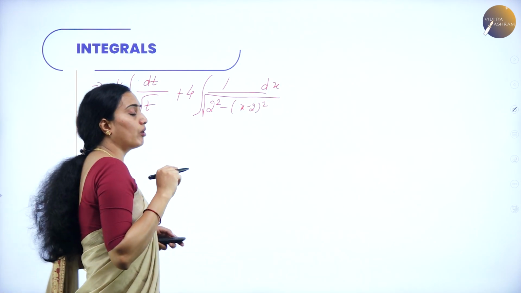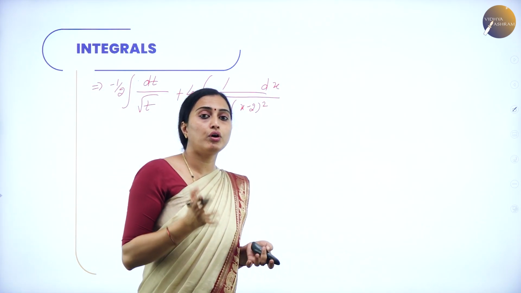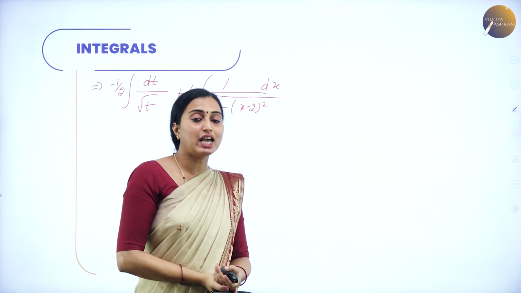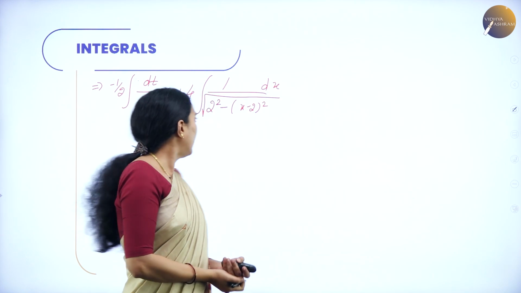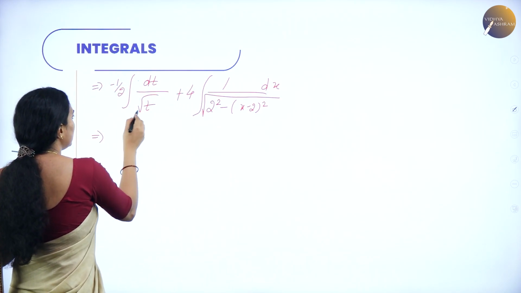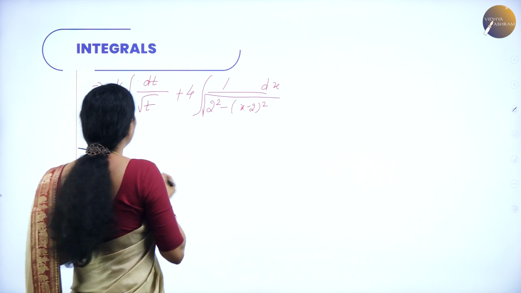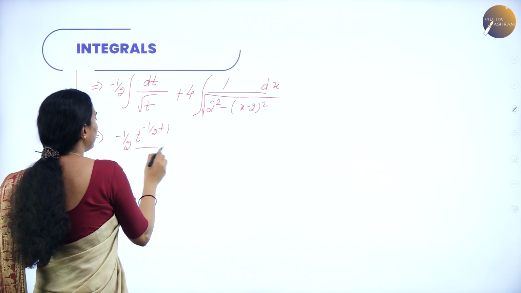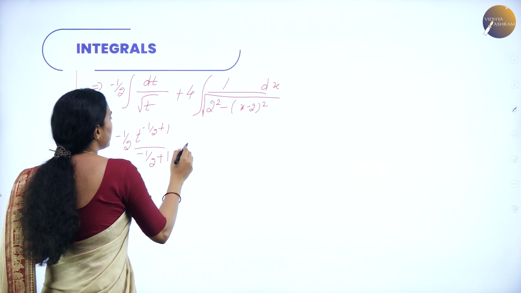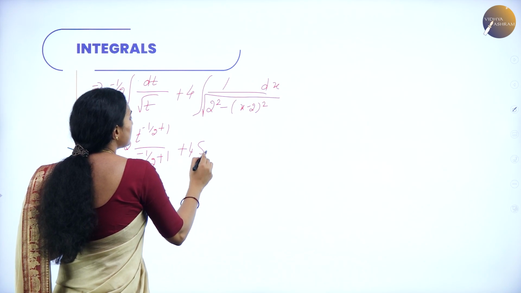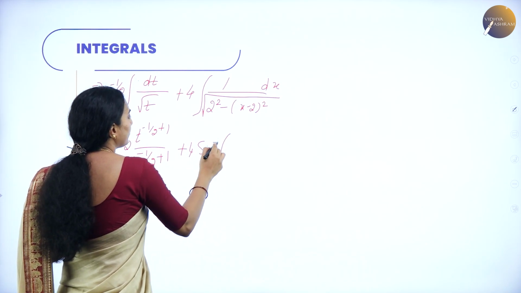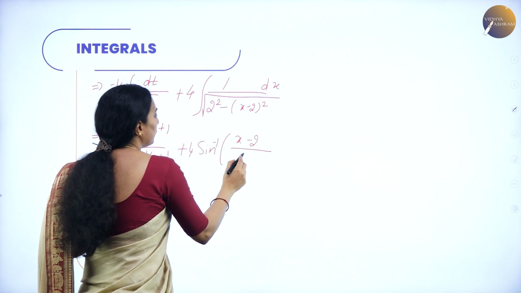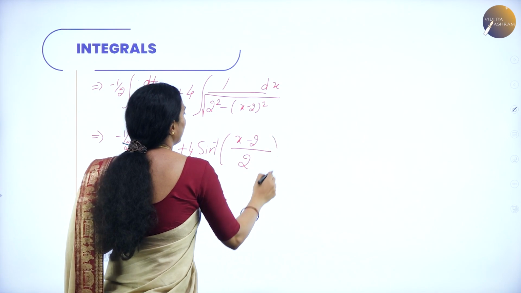Now therefore, this is according to 1 divided by under the root of a squared minus x squared, which is sine inverse of x by a plus c. And this you know already, which can be written as t to the power of minus half going to the numerator, which is minus half times t to the power of minus half plus 1 divided by minus half plus 1, plus 4 into sine inverse of x by a. So x is nothing but x minus 2 here, and a is nothing but 2, plus c.